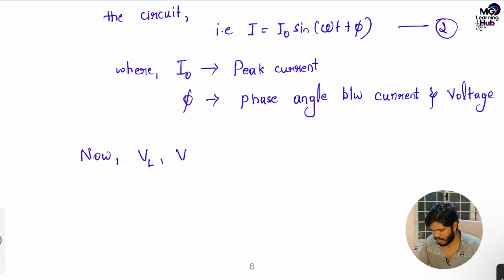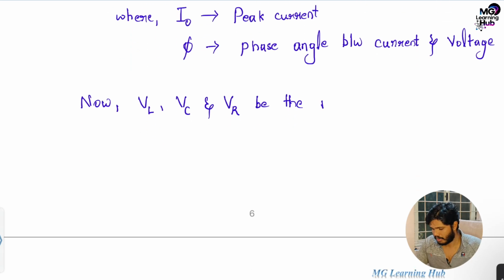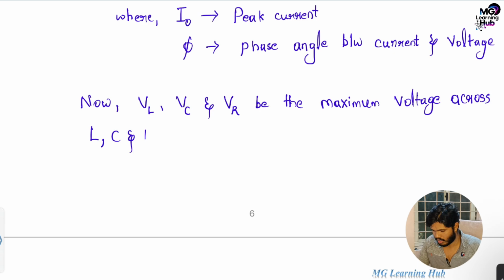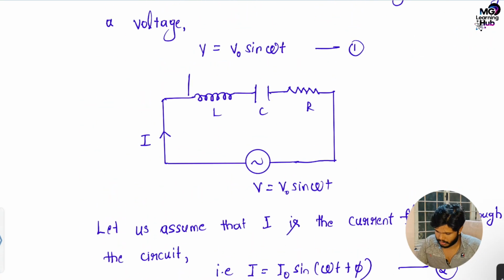Now what we will do now, VL, VC and VR be the voltage na define ಮಾಡ್ತಿದ್ದೀನಿ ಈಗ, be the maximum voltage ತಗೋತಾ ಇರೋದು ಅಂದ್ರೆ ಪೀಕ್ ವೋಲ್ಟೇಜ್ ನ ತಗೋತಾ ಇರೋದು ನಾನು. ಮ್ಯಾಕ್ಸಿಮಮ್ ವೋಲ್ಟೇಜ್ ಅಕ್ರಾಸ್ L, C and R respectively. ಸೊ ಇಷ್ಟು ಡಿಫೈನ್ ಮಾಡಬೇಕು ಫಸ್ಟ್. ನಾವು ಡಯಾಗ್ರಾಮ್ ಅಲ್ಲಿ ಶೋ ಮಾಡಬೇಕು ಈಗ ನೀವು.